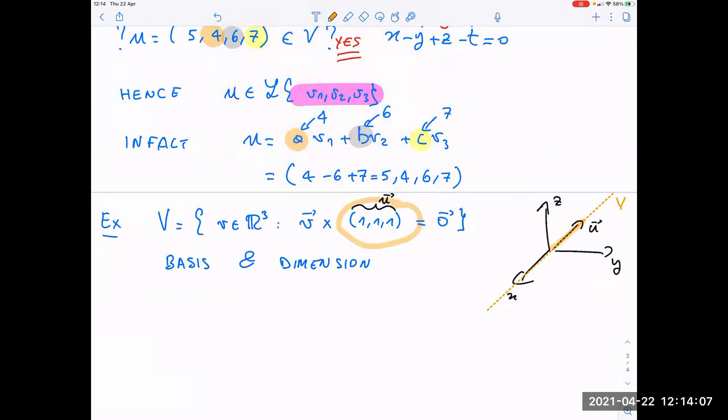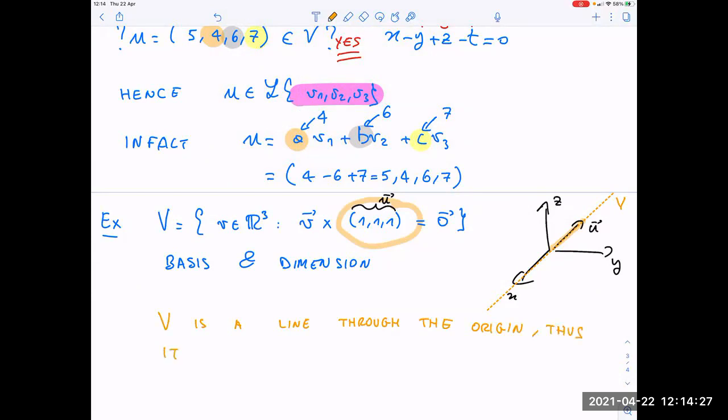So the idea is that V is a line through the origin. So it is a subspace, and you can tell me the dimension and the basis, right?